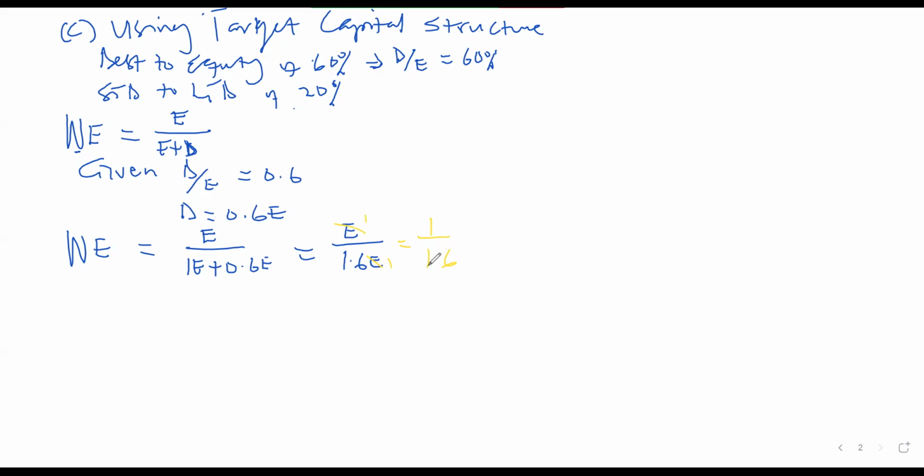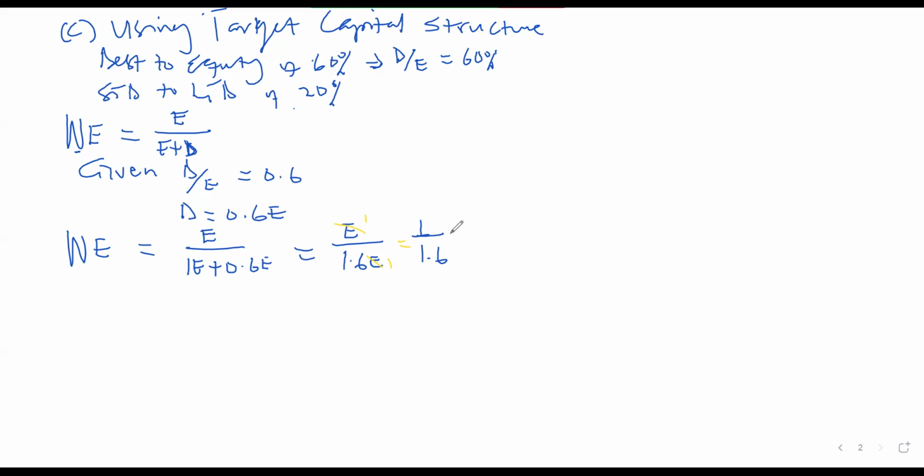Sir, please, change the color, I can barely see. Okay, so if we cancel, then we are left with 1 over 1.6. Is that okay? E cancels E up and down, so you're left with 1.6.